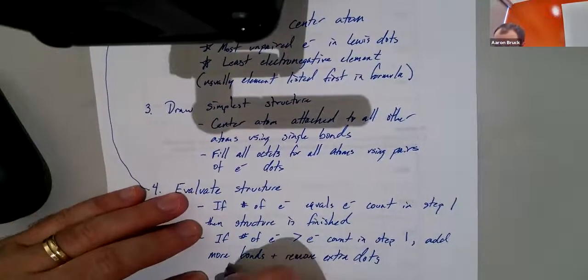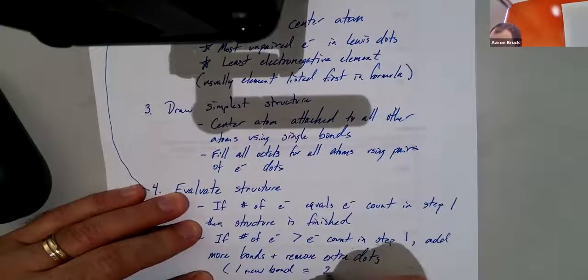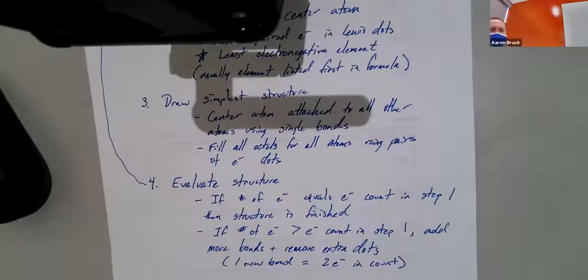The rule of thumb: one new bond is going to lower our electron count by 2. So if I have 2 extra electrons, I need 1 more bond. If I have 4 extra electrons, I need 2 more bonds. If I have 6 extra electrons, I need 3 more bonds.